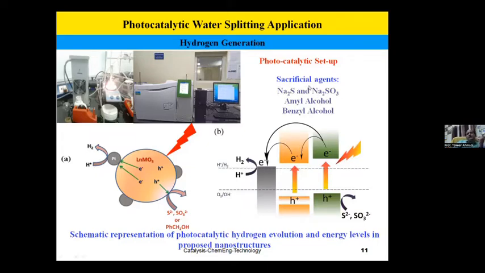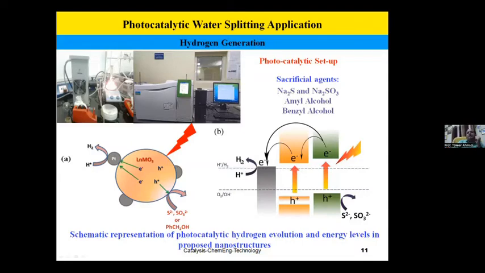For different reaction setups, we can have different sacrificial agents. This is the UV or visible light source. If we apply visible light, this light is able to evolve electrons in the conduction band and holes in the valence band, and these electrons can be transferred into the aqueous solution, where they can reduce the H plus into hydrogen gas.